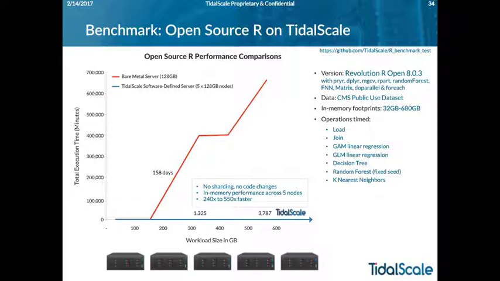You don't have to rewrite to a different language, no complexity in terms of distributed computing. From your point of view as a data scientist, you just use R, you just load the data in memory, and you do your job. And the end result is it's 240 to 550 times faster because it's in memory. And there shouldn't be a surprise there. If we go back to that first slide where I talked about the memory cliff, we're talking about orders of magnitude difference between RAM and any sort of stable storage like NVMe.